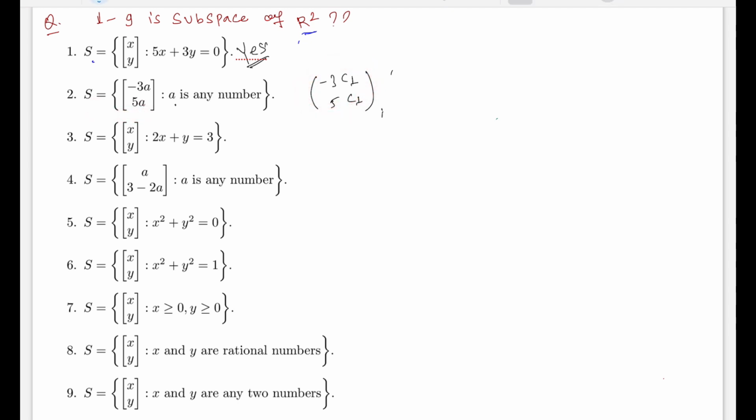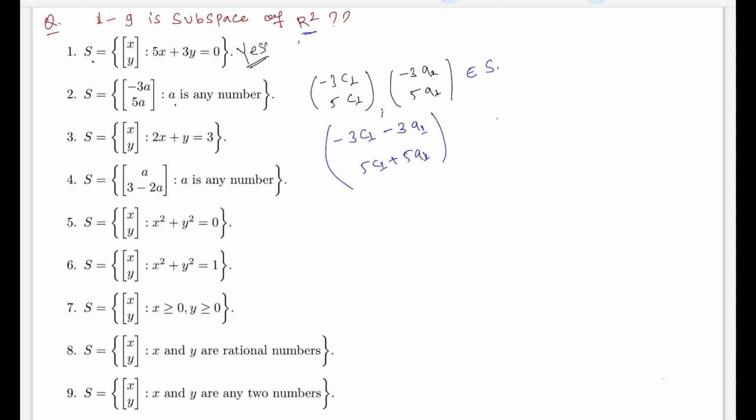And let me pick one more vector, -3 times a1 and 5 times a1. This vector will also belong to this set S, and here c1 and a1 are any real numbers, and this a is also any real number. So these two vectors belong to the set S. Now if I add these two vectors, you should know how to add two vectors, we will have -3 times c1 plus -3 times a1, and 5 times c1 plus 5 times a1.